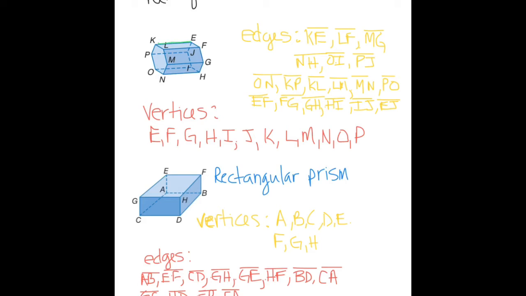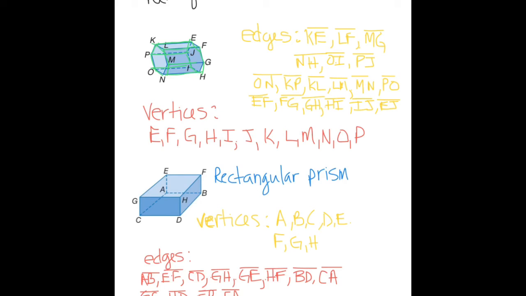So for example, I have segment KE, segment LF, segment MG, segment NH, segment OI, segment PJ. But I also have segment ON, segment KP, segment KL, segment LM, segment MN, and segment PO, as well as segment EF and segment FG and segment GH and segment HI and segment IJ and segment EJ.